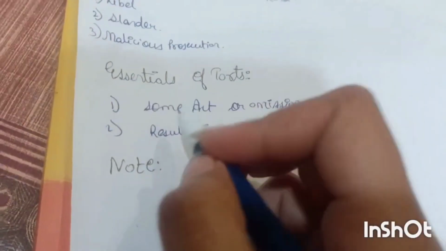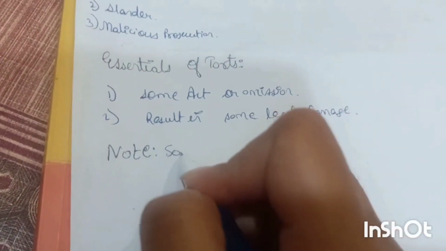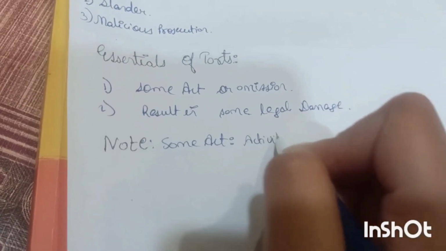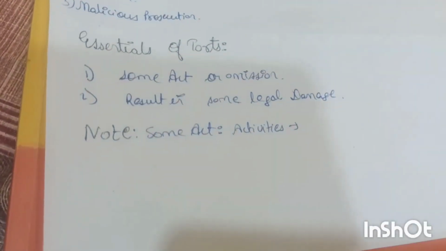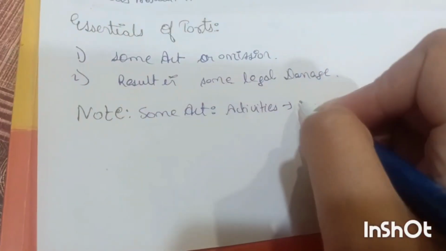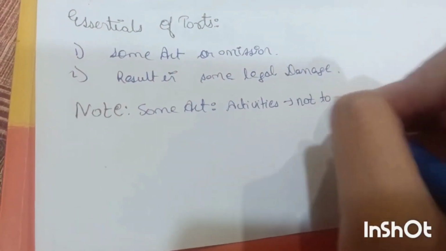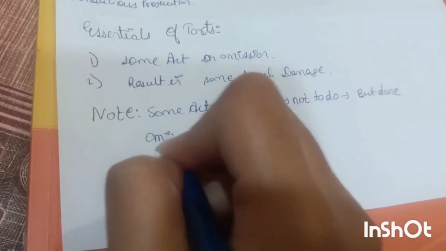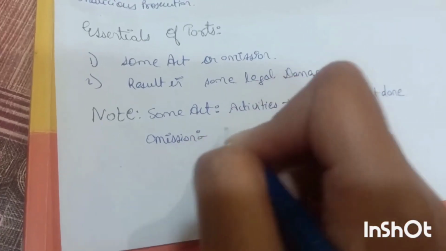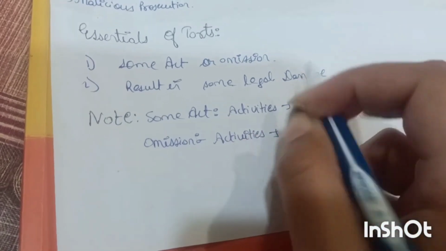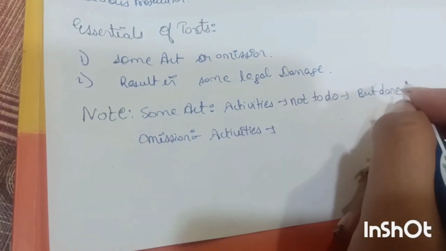Some act means activities that you were not supposed to do but you have done. And an omission means activities that you have to do but have not done.